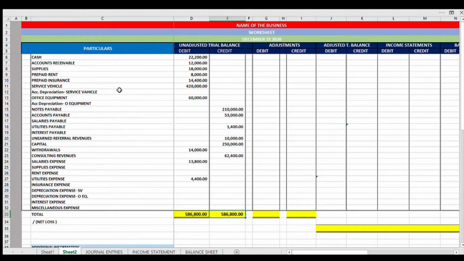Dito sa worksheet, we can identify all the account titles, and especially, syempre, yung mga headings natin. We have the headings in this particular column.